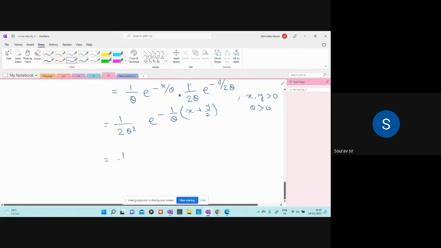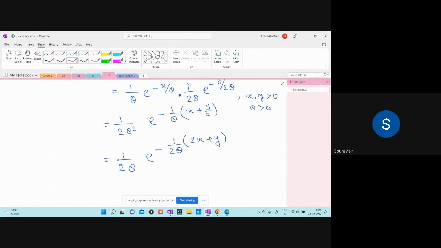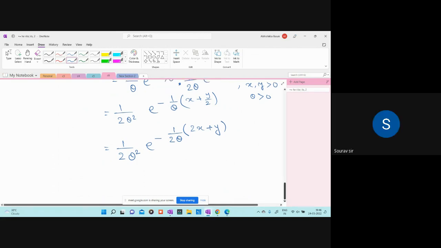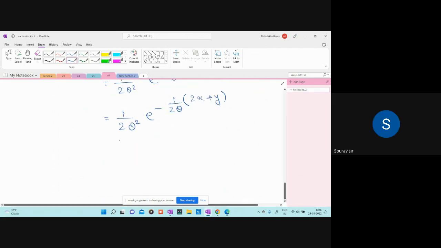Now I am taking another step, just simplifying it. e to the power minus 1 by 2 theta times 2x plus y. Can I write this? One more theta. Okay, right?